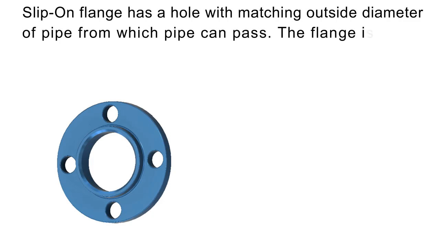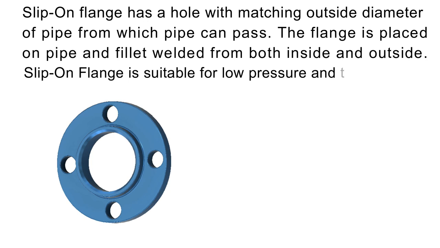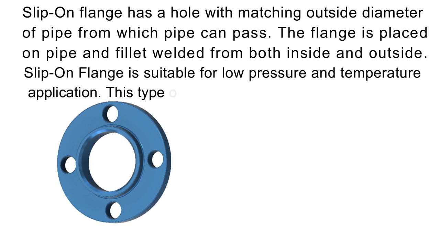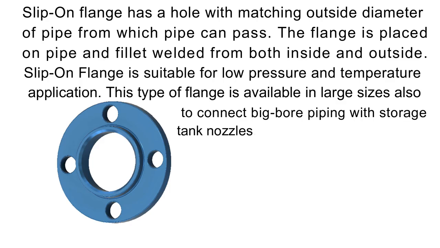The flange is placed on the pipe and fillet welded from both inside and outside. Slip-on flange is suitable for low pressure and temperature application. This type of flange is available in large sizes also to connect big bore piping with storage tank nozzles.